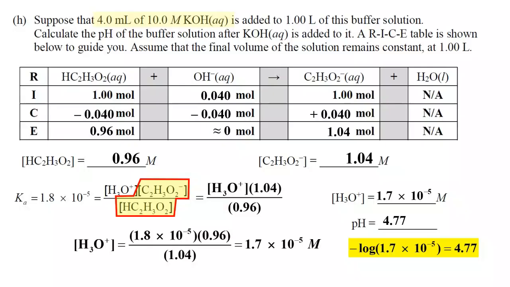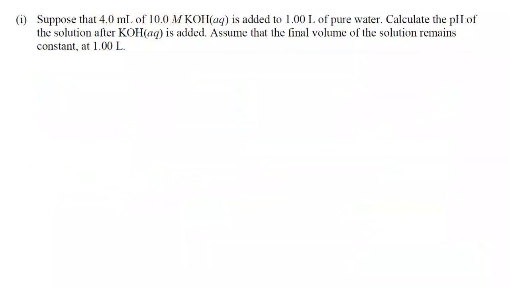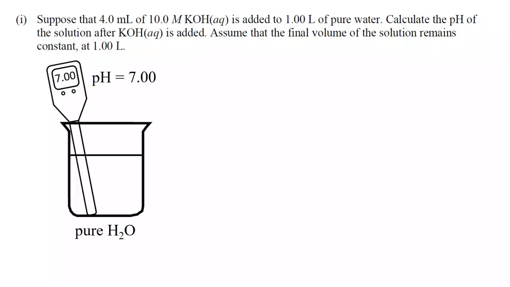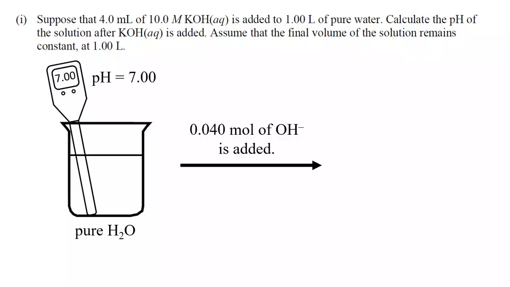All right, well, we added a strong base to a buffer. Now, in part I, suppose we had added that same amount of strong base to pure water instead of to a buffer. So we have our beaker that contains 1 liter of pure water. Here comes that small amount of hydroxide ion, the 4 milliliters of 10 molar potassium hydroxide.